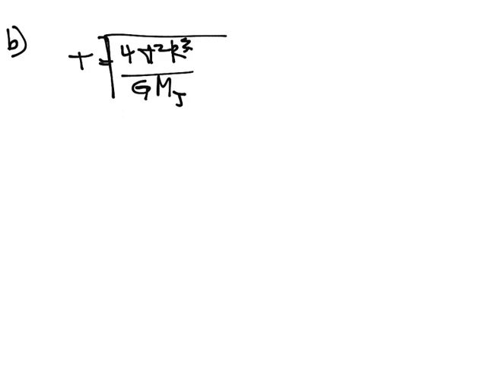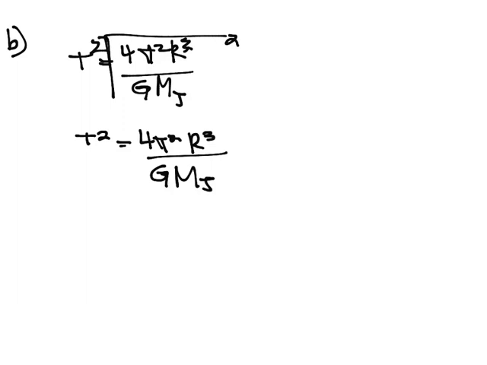So first we have to get it out of the square root. To get it out of the square root, we square both sides. So we have T squared is equal to 4 pi squared r cubed divided by G times M_J.